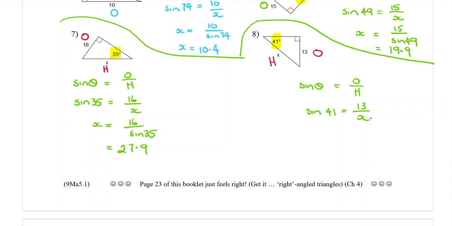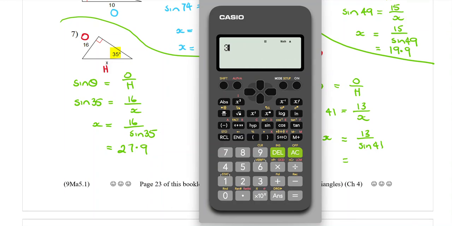X is on the bottom, so we switch places. X equals 13 over sine 41. That's 19.1.